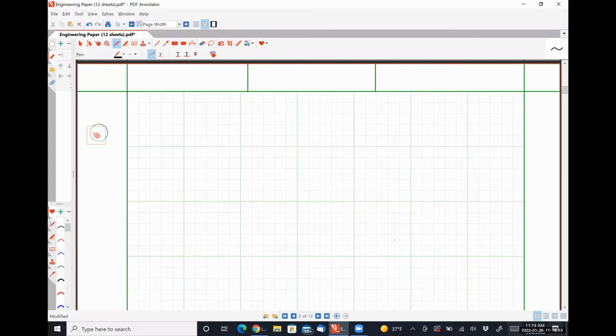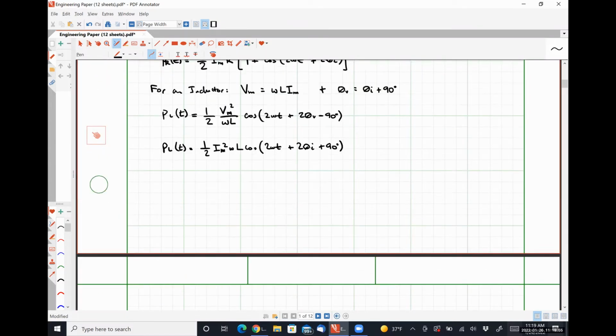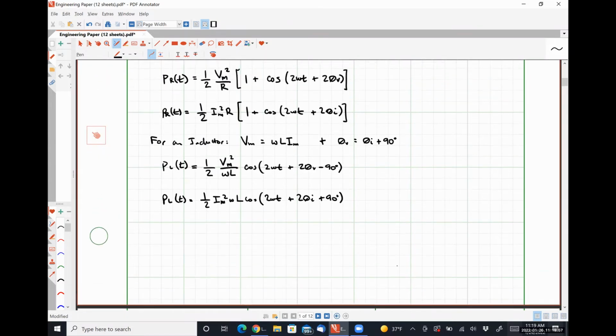For capacitors, we know that Im is equal to omega c multiplied by Vm, and we know that theta I is equal to theta V plus 90 degrees.